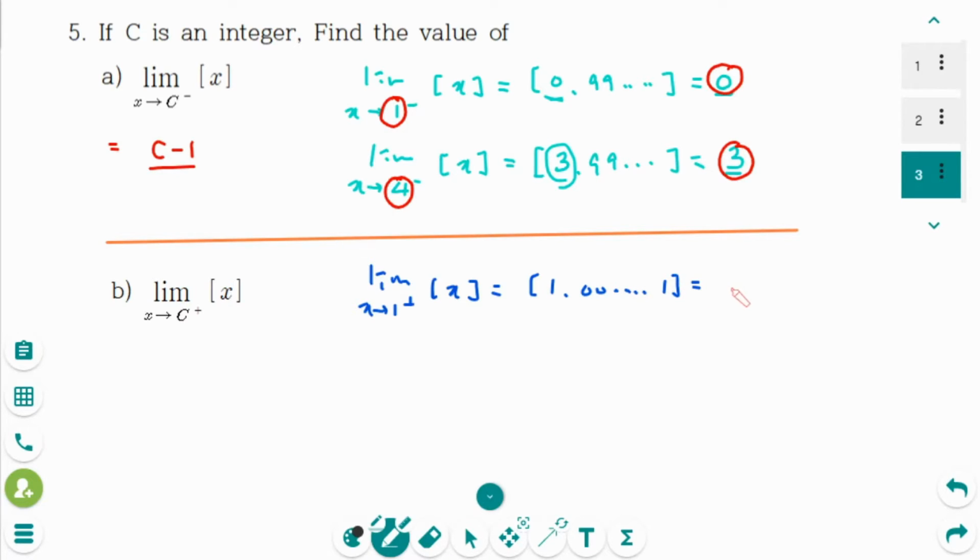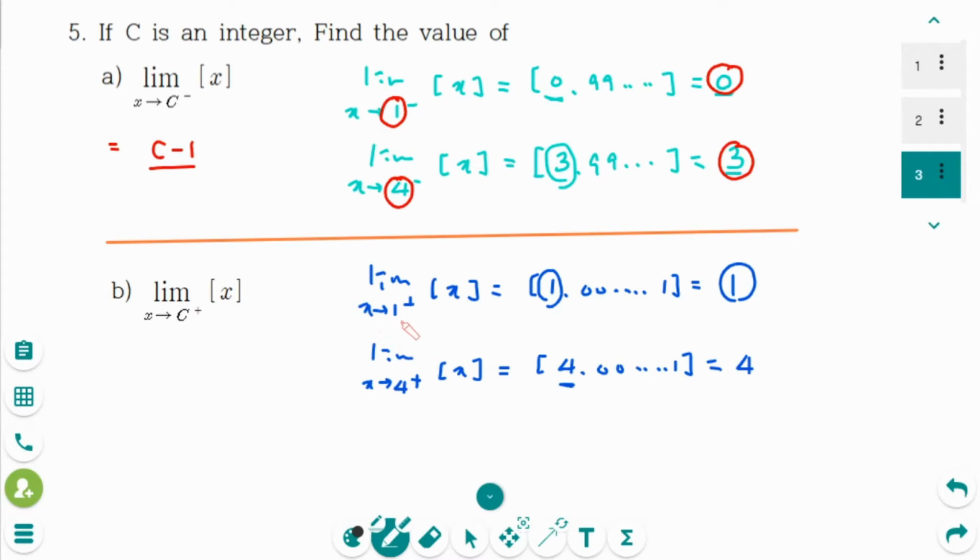So it's just 1, same number. And the limit as x approaches 4 from the right side, greatest integer function equals a little bit greater than 4. So 4.00001. So just take the positive number, integer part, so 4.